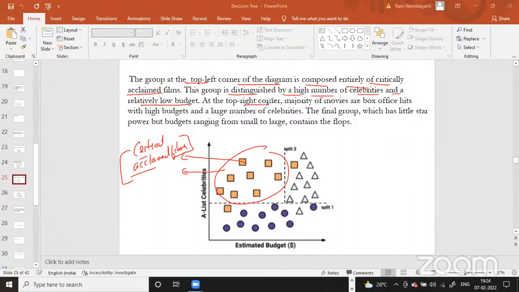At the top right-hand side corner, the majority of the movies are box office hits with high budgets and also a large number of celebrities. So high budgets and a large number of celebrities. Your movie is definitely going to become a commercial success. Mainstream hit it is going to become.